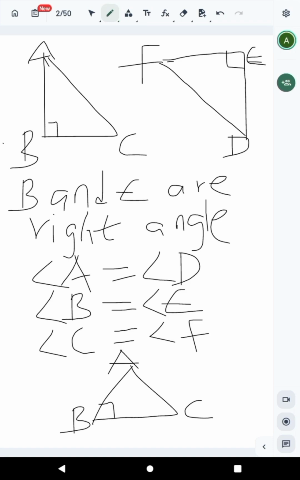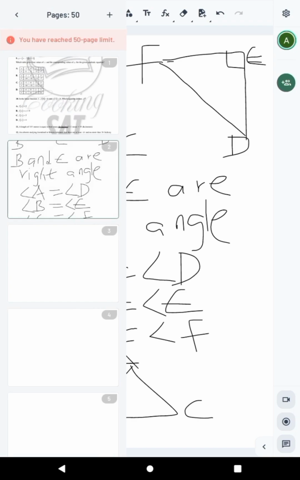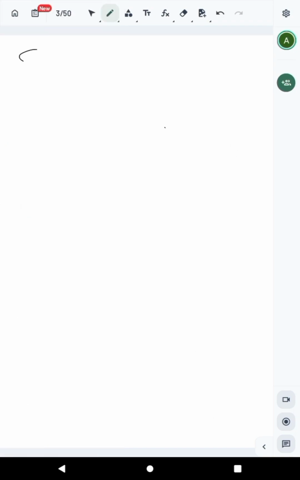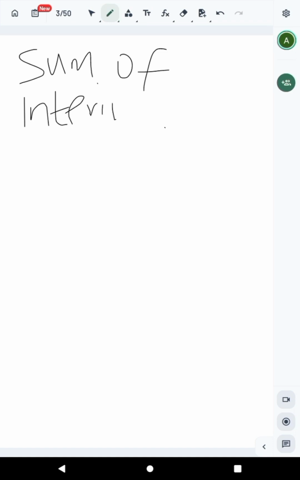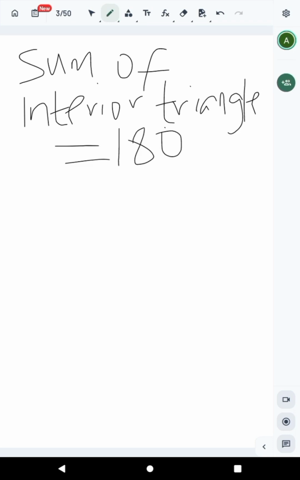Now the sum of interior angles of a triangle is 180 degrees.